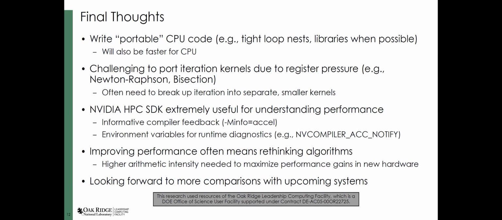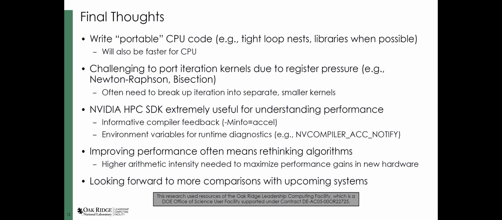I'll say that the NVIDIA HPC compiler suite has been extremely useful for understanding performance at a very low buy-in level. It's something that's really easy to access and get feedback. That comes from things like the compiler feedback, which is really helpful to know how many registers are being used, what's being moved around in terms of data, and how the kernels are being launched.